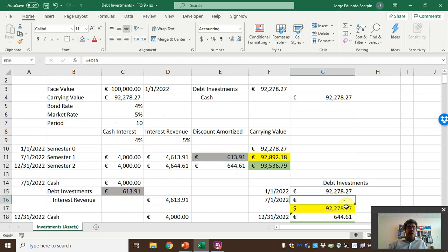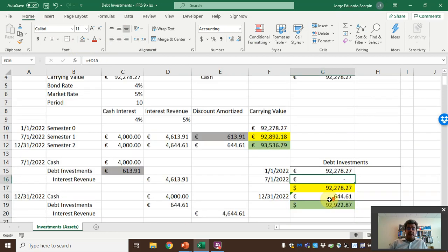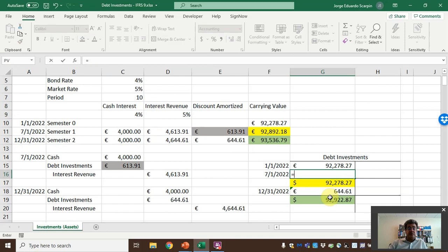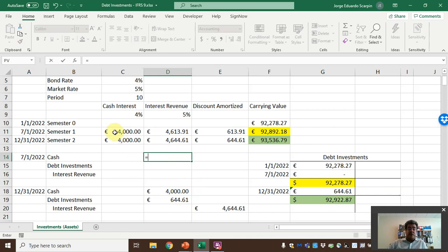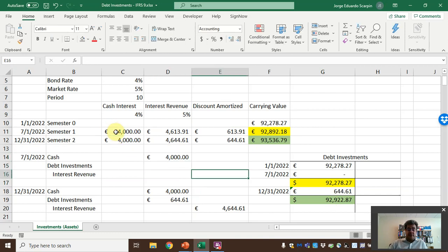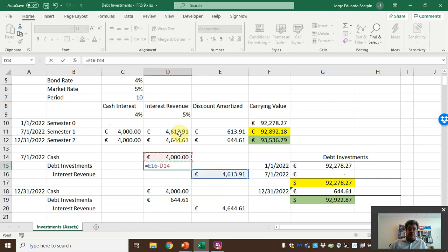So our debit investment here is, whoa, sorry, I added everything in the wrong place. Okay, almost a live class here. 4,000, interest revenue 613, and here the difference between both.